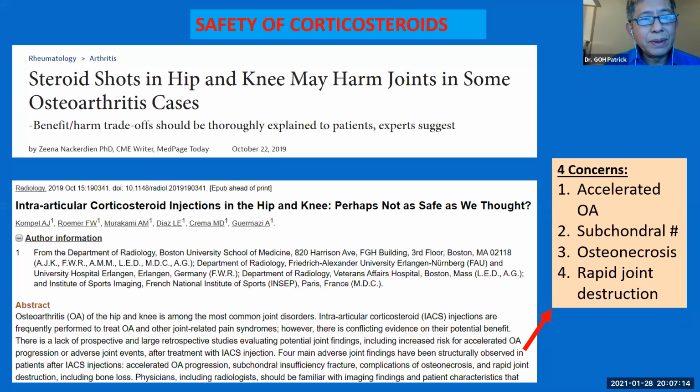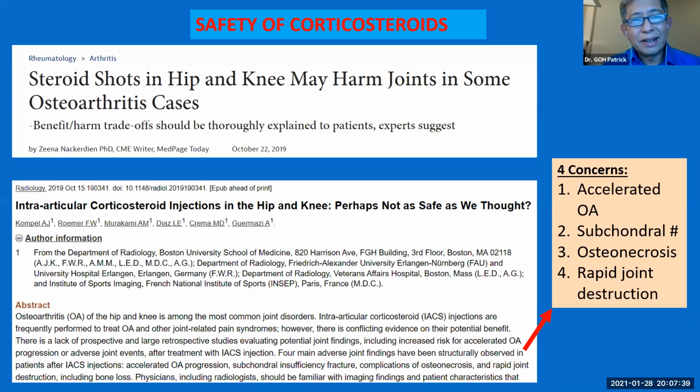Now, there has been some concern about whether the steroids would cause harm in the joints. If you look at the whole history back from the 50s with the reports of Charcot's joints, I was actually quite surprised over the years that steroids are still so much in the picture.